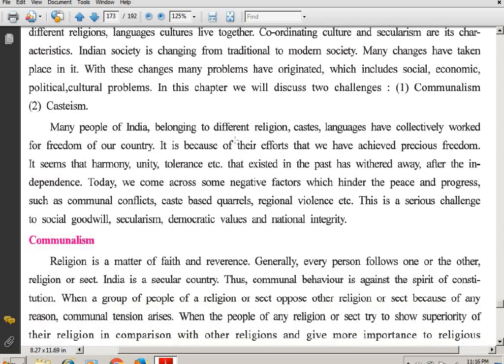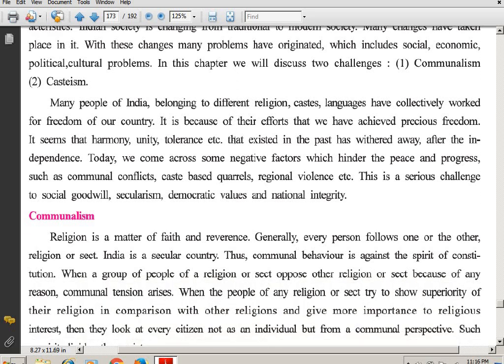Many people of India belonging to different religions, castes, languages have collectively worked for the freedom of our country. It is because of their efforts that we have achieved precious freedom. Students, I need not tell you what precious thing our freedom fighters have given us. And so students, we are supposed to carry on this legacy.